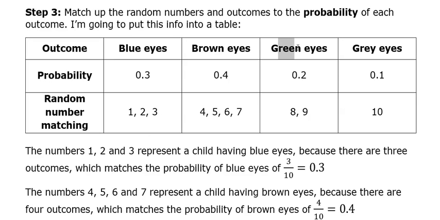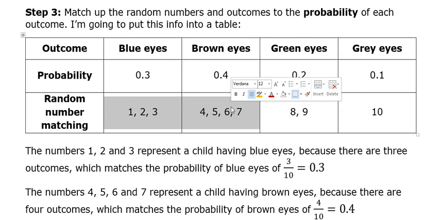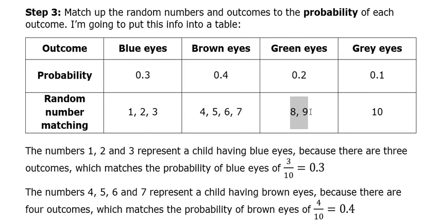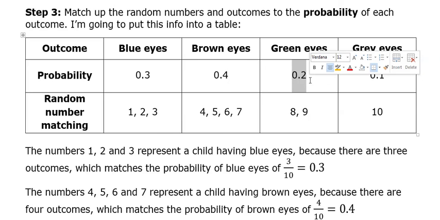I then go to my green eyes, and green eyes has a probability of 0.2. Now I've already used up the numbers 1 through to 7, so I can't use those. So the next numbers that are available to me are 8 and 9, and I'm going to choose 2 of those numbers because the probability of green eyes is 2 out of 10, or 0.2.